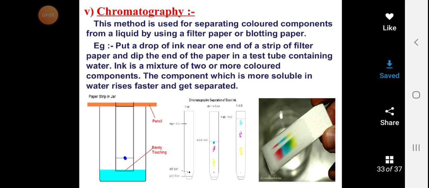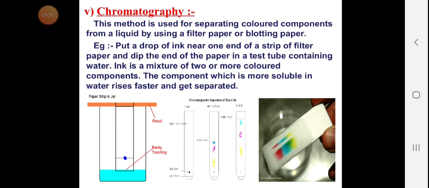Look at the name: chromatography. Chromato means color, and graphy means you are supposed to get certain lines. Simple chromatography includes chromatography paper, a solvent, and the solute that you are going to separate out from the given solvent.